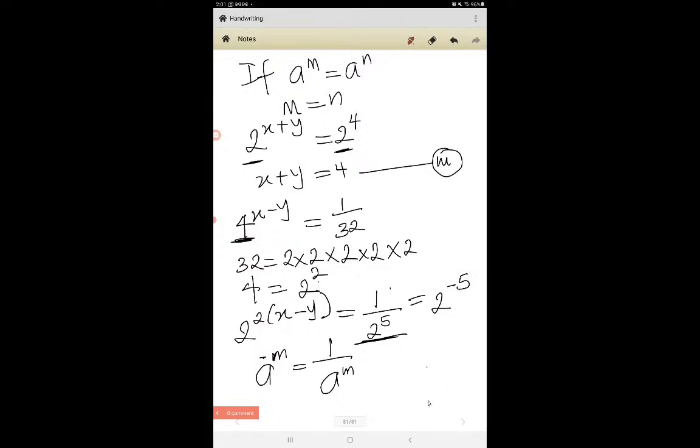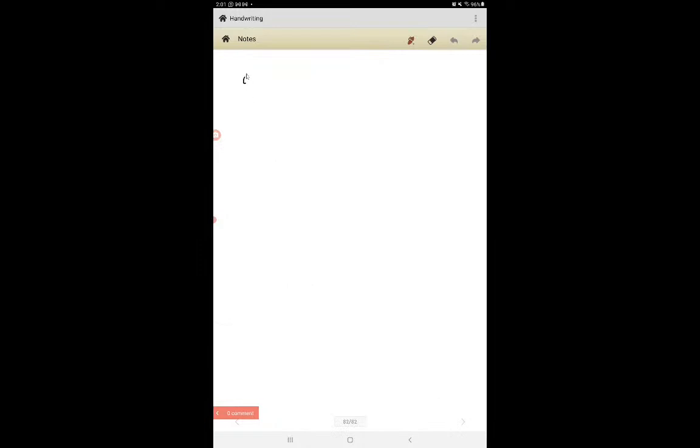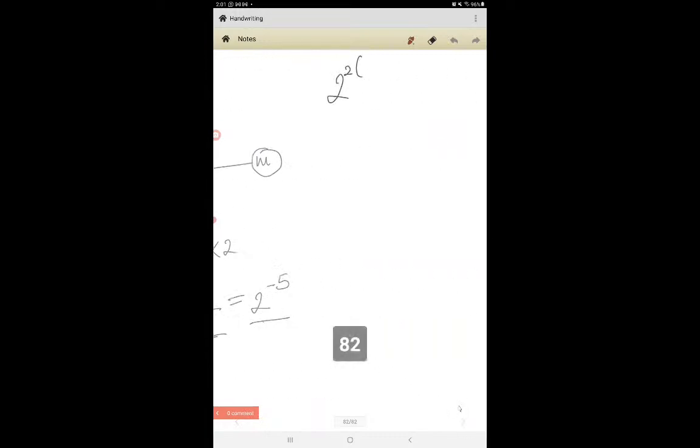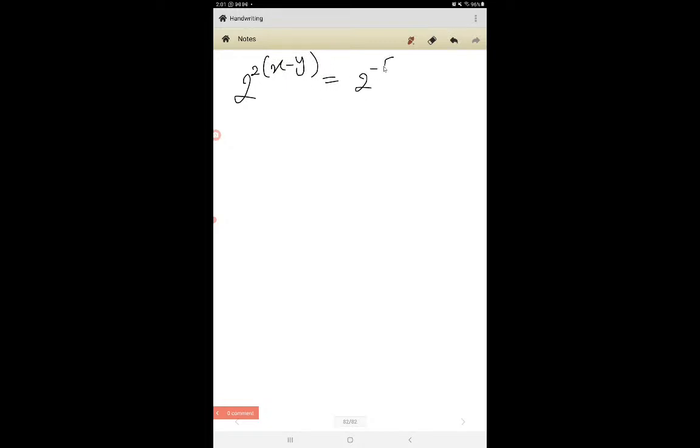So therefore, you will now consider these two equations, saying that 2 raised to power 2 bracket x minus y is equal to 2 raised to power minus 5.